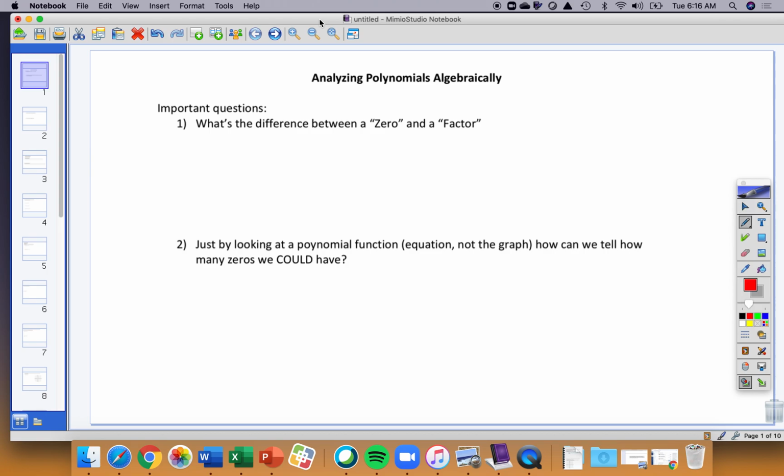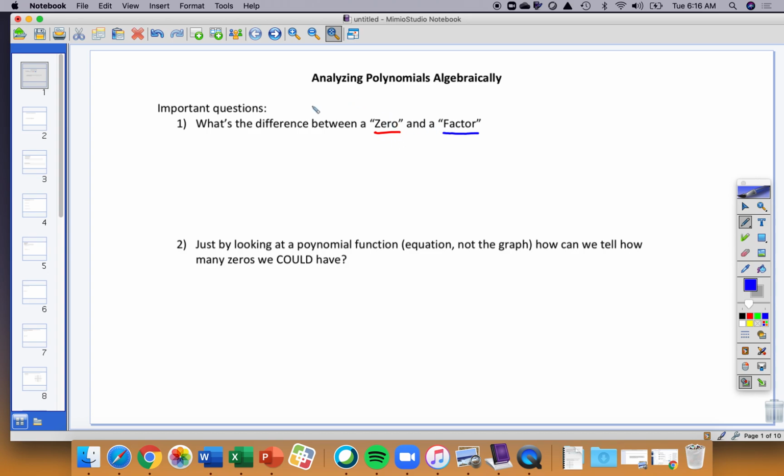The first important question I asked in our last lesson was, what is the difference between a zero and a factor? Here we have a zero, and here we have a factor. The reason why I asked this is because some people use these words interchangeably, but they're not. They're different.